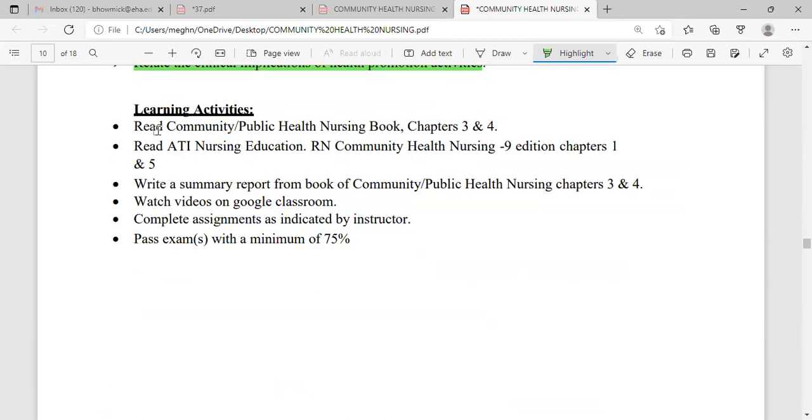The learning activities: read the Community and Public Health Nursing book, chapters 3 and 4, or read the ATI Nursing Education book, RN Community Health Nursing, chapters 1 and 5.